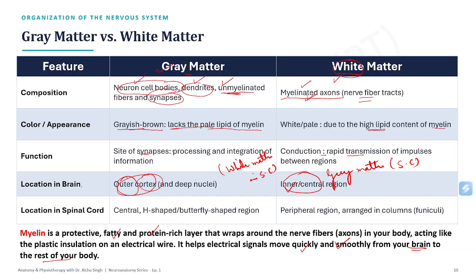So, as I've told previously, the location in the spinal cord will be central. Gray matter is centrally located and it will be shaped as an H or a butterfly-shaped region in the spinal cord. Whereas the white matter is a peripheral region in the spinal cord, which is arranged in columns called funiculi.